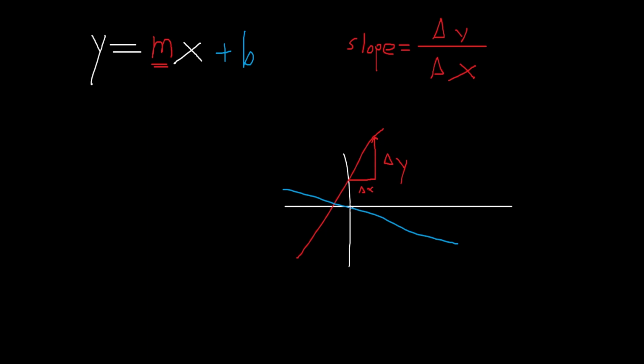On the other equation, there's also a slope with its own change in x and change in y. Not only is the ratio of x to y very different on the first one, we don't need that much x in order to go up very quickly, and on the second one, we need a lot of x before we can go down at all.